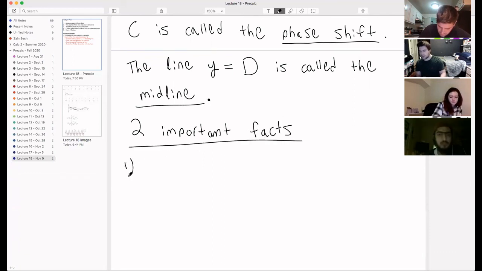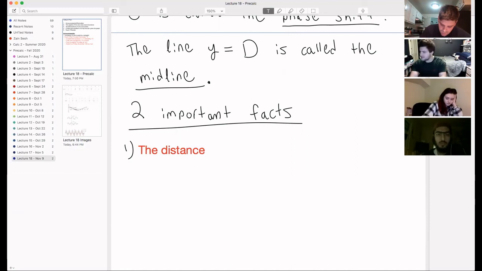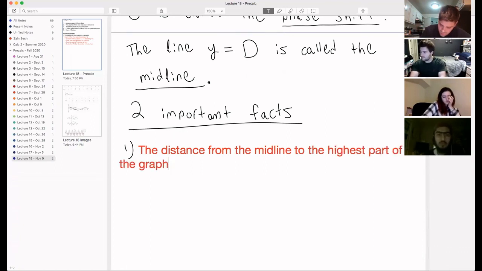Fact one: the distance from the midline to the highest part of the graph will be the amplitude. So you go to the midline and then you travel up to the highest part of the graph that is attained. That will be the amplitude.